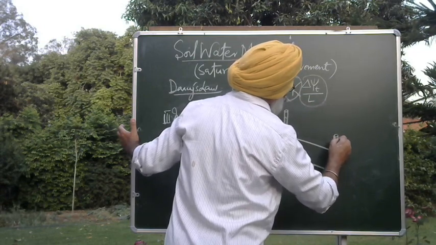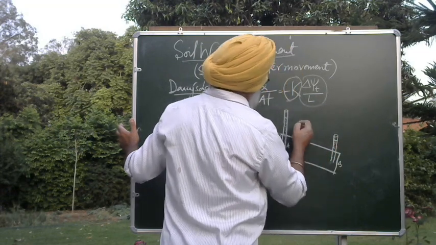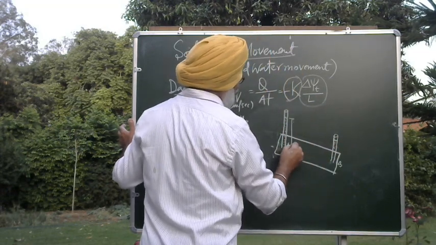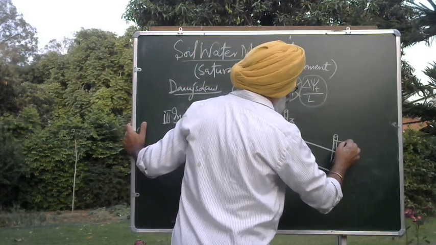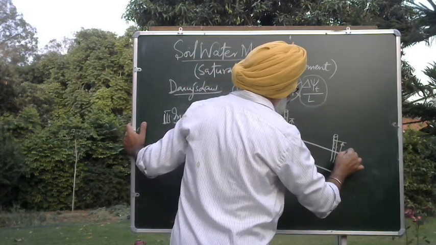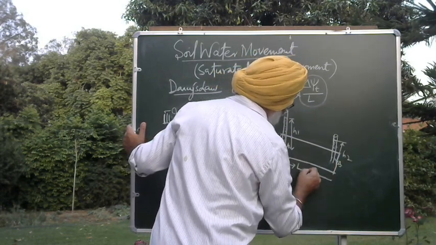So the level of water is over here. So this difference is your H1. This is now H2. This is the length of your soil column.